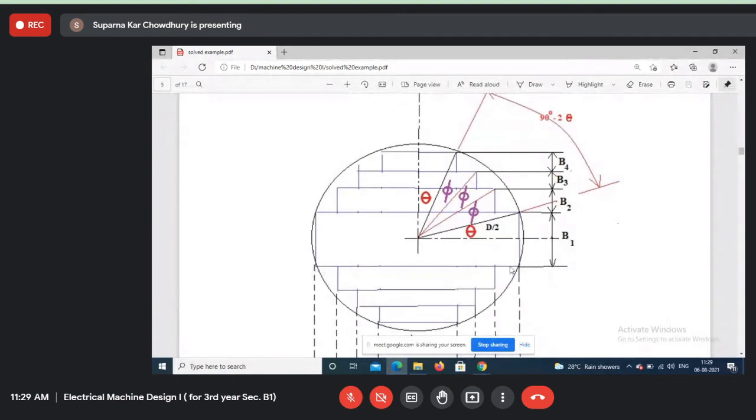This is A1. This is B1. Now this A1 for the first step is equal to D minus 5 millimeter. D is the core circle diameter, which we have rounded off to a multiple of 5. That minus 5 millimeter will be A1.